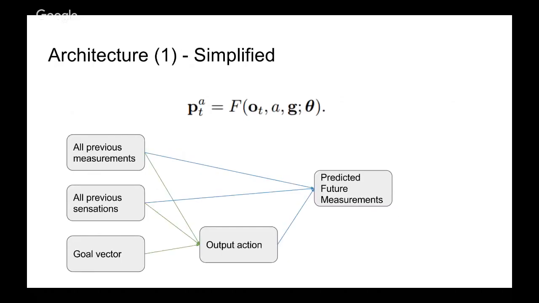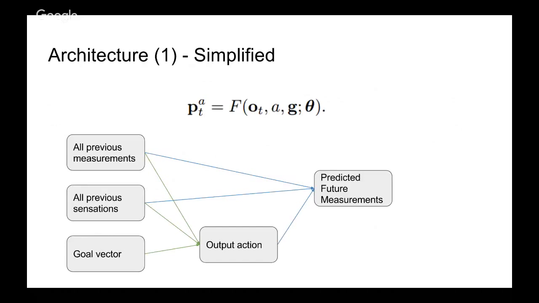Okay. So basically, first I'm going to start with a simplified version of what this architecture could look like. And this is just your measurement prediction module. So first, you have this input, which is all the previous measurements. So for example, in a video game, it would be all the previous images and actions and so on. Oh, but actually, I messed that up.